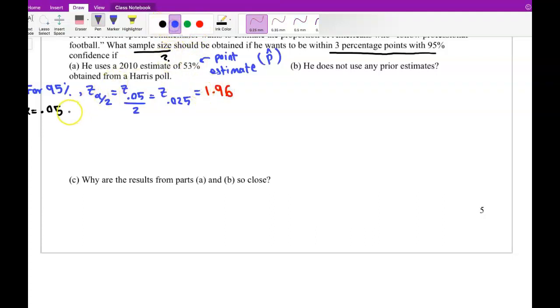Okay, then finding N. So the sample size is equal to P hat times Q hat times critical value divided by error, then square.